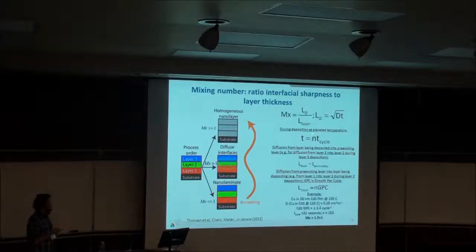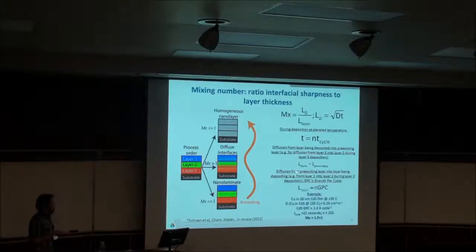It may be mutual diffusion under growth conditions. When you grow the next layer on the pre-existing layer, this layer can penetrate inside the layer being deposited, and the layer which is being deposited can at the same time penetrate into the pre-existing layer.